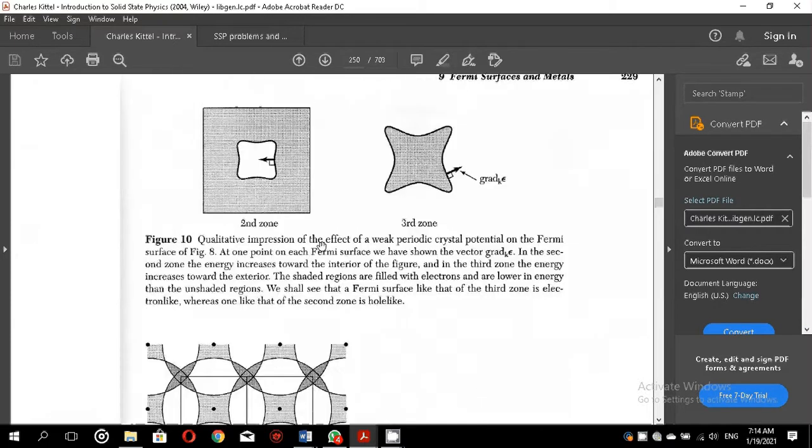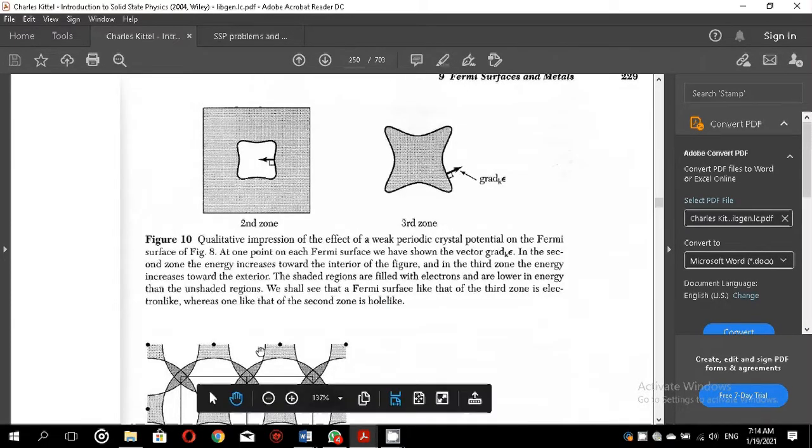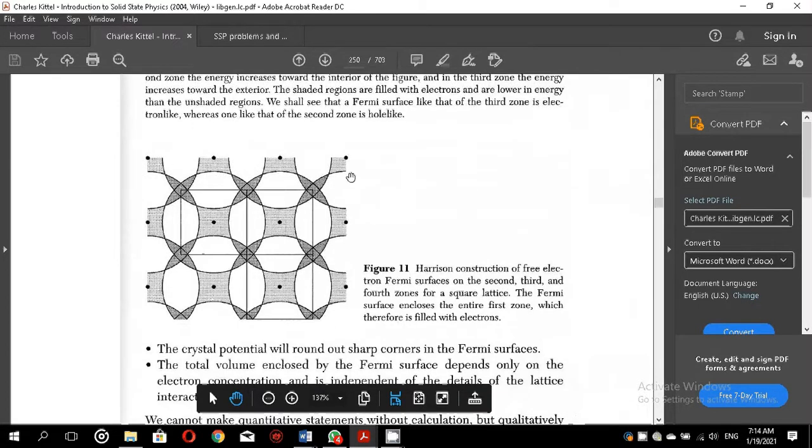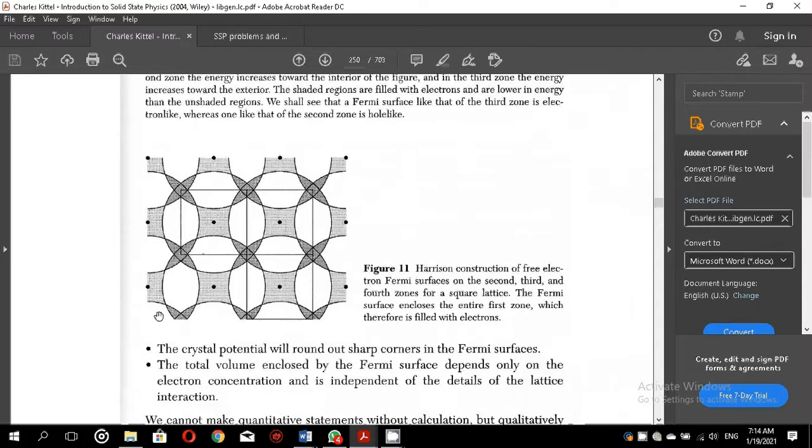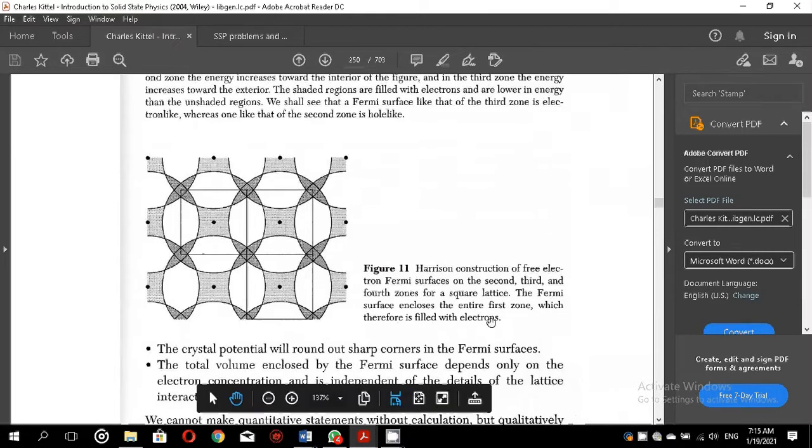to page 230, and here is the Harrison construction, which gives us a very easy way to find the parts of the Fermi sphere filled in the first, second, third, fourth, etc. zone. So, Harrison construction of free electron Fermi surfaces in the second, third, and fourth zone for a square lattice. The Fermi surface encloses the entire first zone, which therefore is filled with electrons.